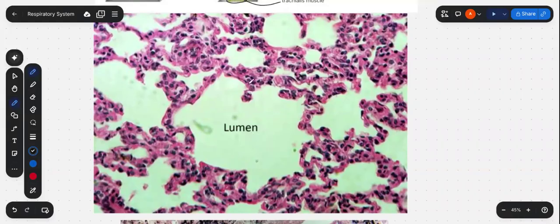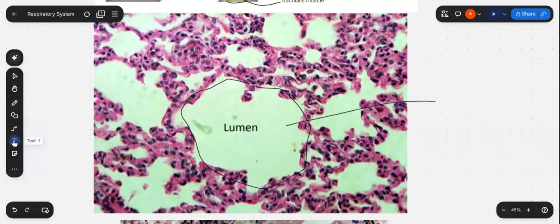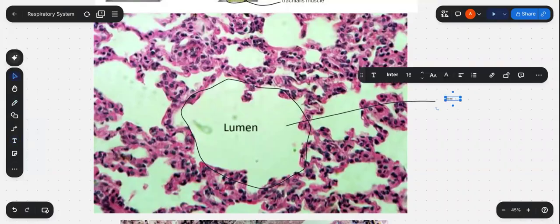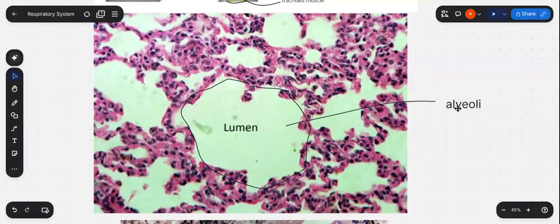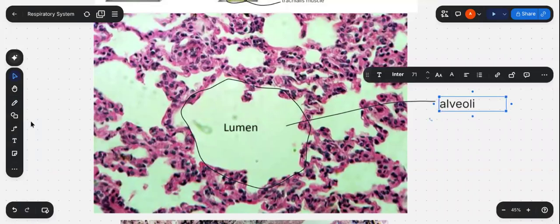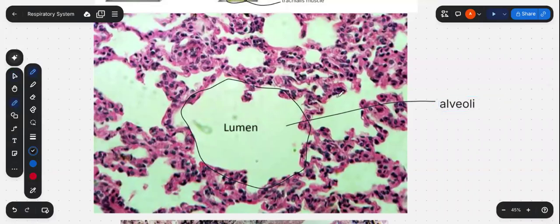So, a single closed circle, such as this big one over here, that would be considered to be an alveoli. The circle must be closed, though. If it's not closed, it's not an alveoli. So, for instance, this region over here, that would not be an alveoli because you can see right over here it's open. It hasn't been completely closed.